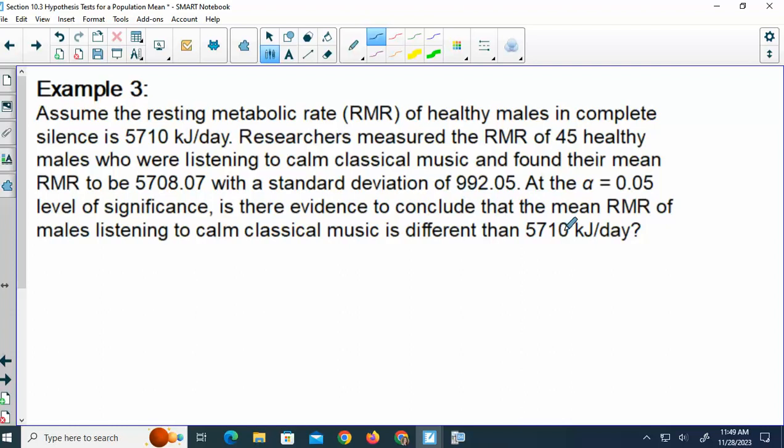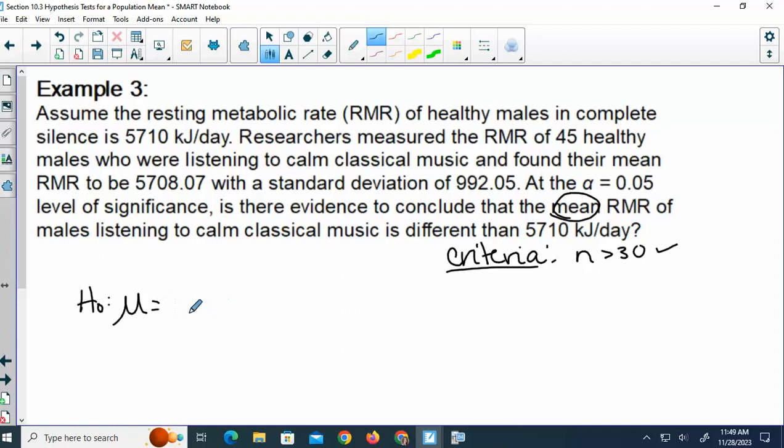All right, we're talking about a mean. Anytime I'm talking about my mean, what's my criteria? It either has to tell us it's normal, or it has to be bigger than 30. Is my n greater than 30? All right, so we're good there. Then we need our hypothesis. We're talking about the mean, so that's mu.